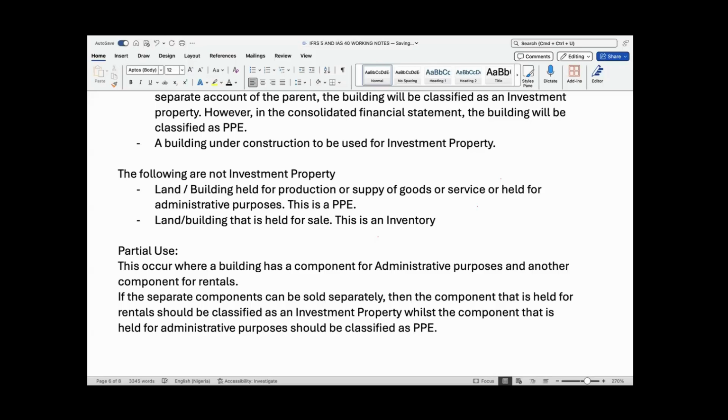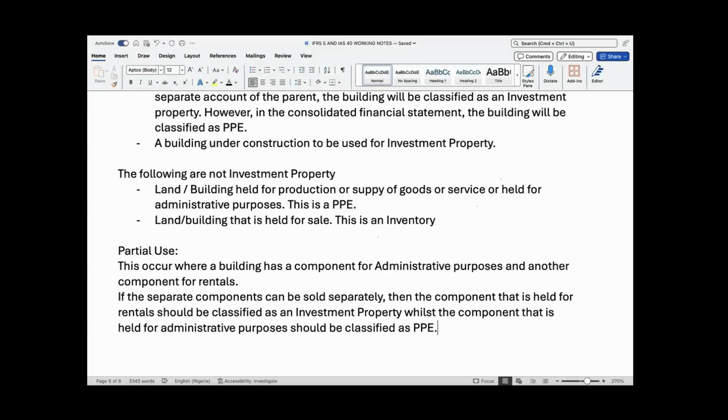So that's if you can sell it separately, that somebody can say, okay, I want to buy this third floor. You can sell that third floor separately. You can sell this other one separately. It's just like you have 10 blocks of flats, and maybe you are using 2 blocks of flats for your office. You now rented the others out.